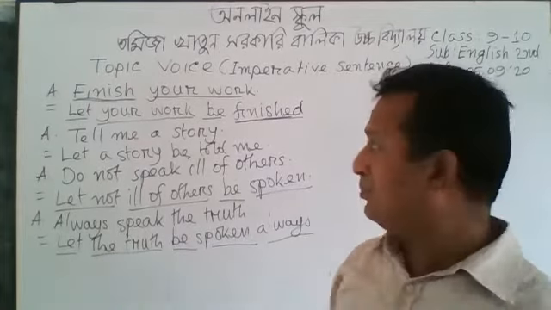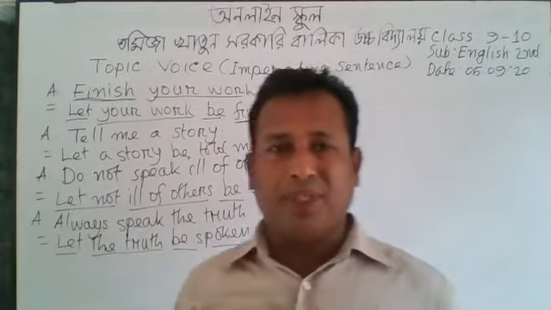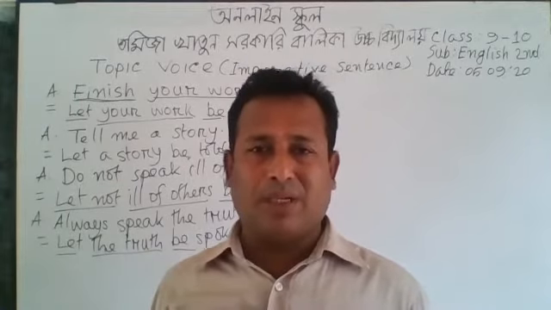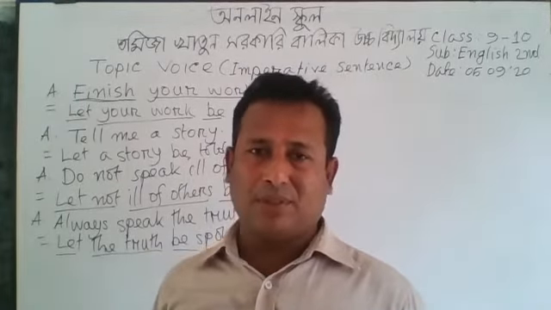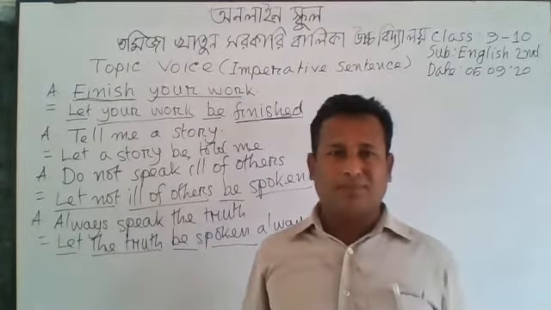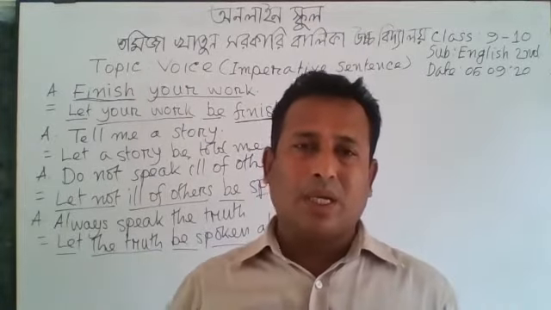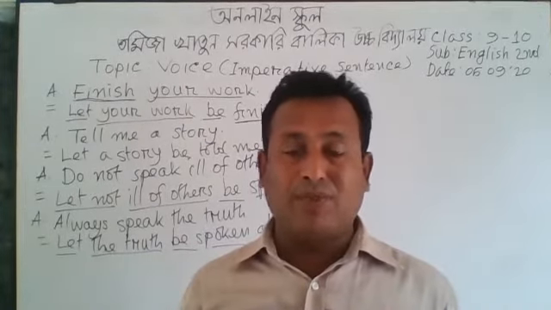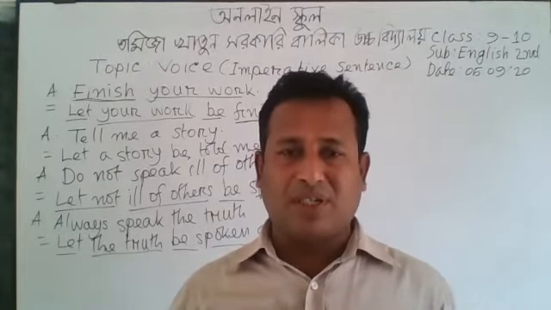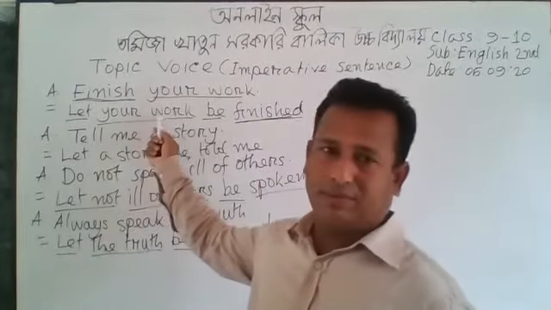So look, just 4 things you have to keep in your mind while changing the voice of the imperative sentence from active to passive. Again, I am telling. At first, let, and then the object of the active voice will be used as the subject after a few changes.